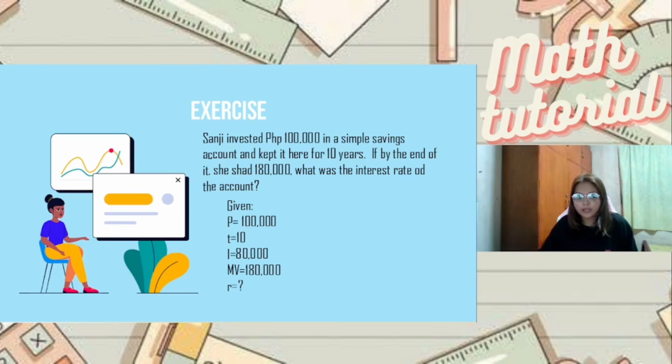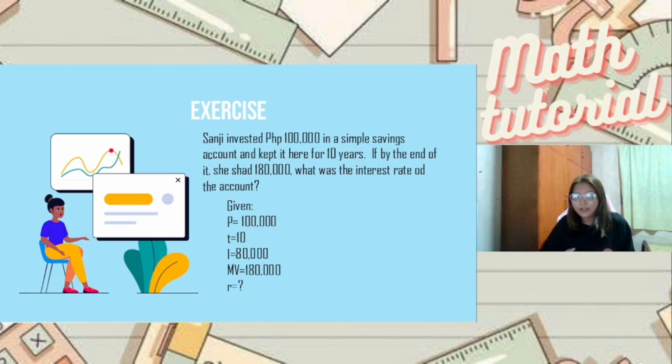So, katulad nga dito, isusulat ulit natin yung given. So, yung principal amount is 100,000. Yung time is 10 and the interest is 80,000. So, tatanungin natin, bakit 80,000 po yung interest niya? Well, wala namang binanggit sa tanong. Well, if we observe, ang sabi dito, nag-invest siya ng 100,000.